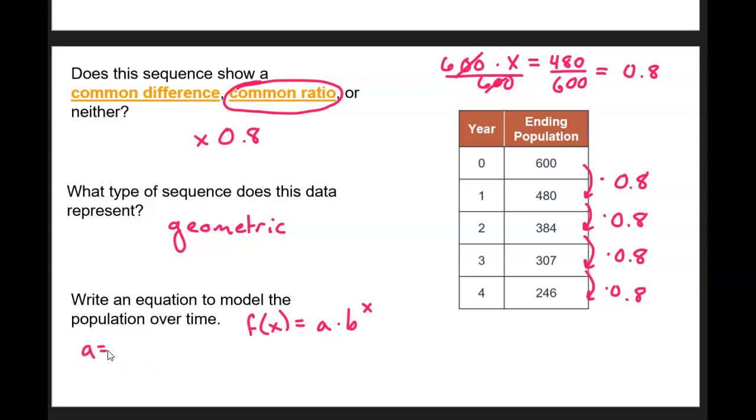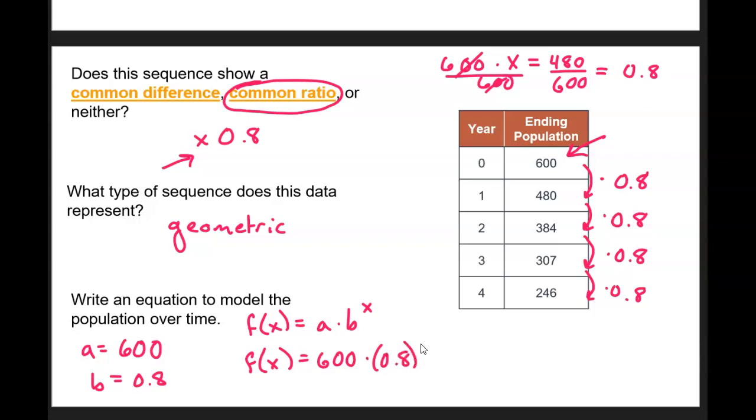And a is going to be the first value at step 0. I just want to write the number. This is the value at step 0. It's right there, 600. A is 600. And b is the common ratio, which we determined was 0.8. So our overall function here is going to be 600 times 0.8 to the x.